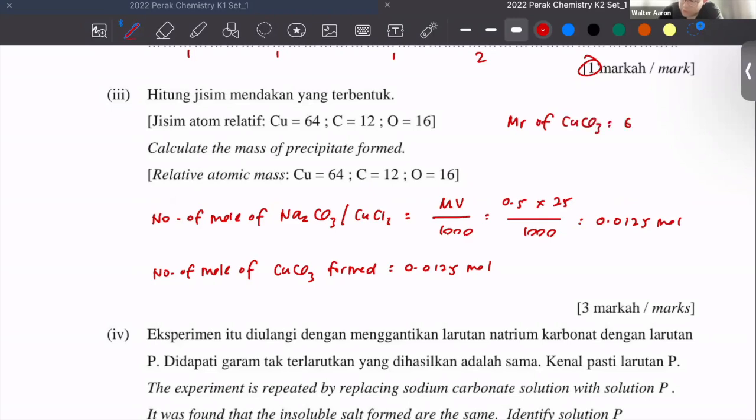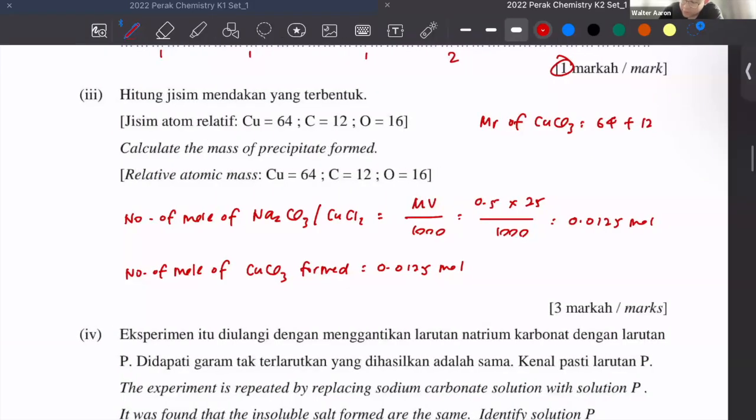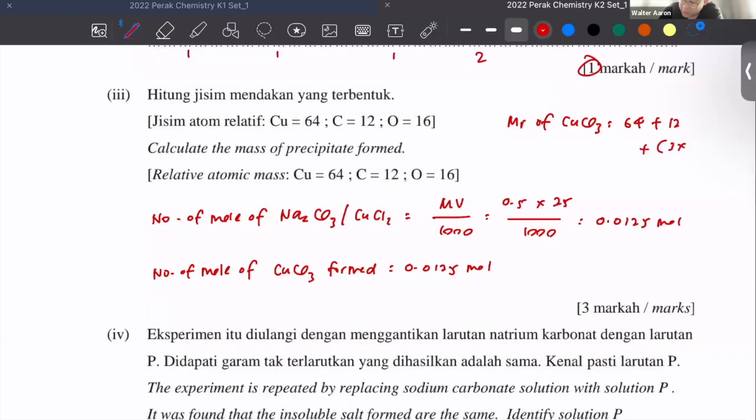So that will be 64 plus 12 plus 3 times 16. See how much that is. So you get 124.